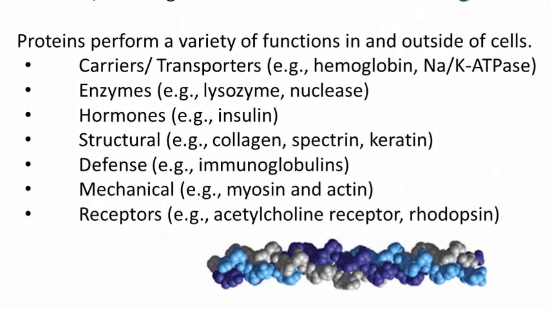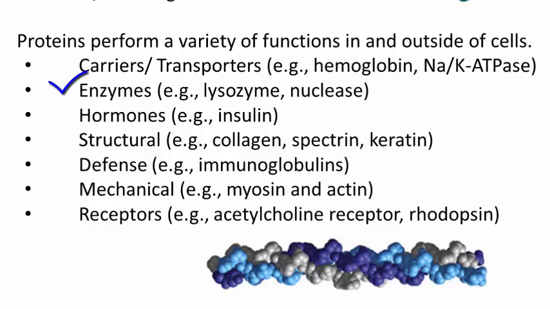Among these functions are to be a transporter or a carrier, that is, to carry molecules around through our body. Examples of this that you no doubt have heard of are hemoglobin in our blood, and also the sodium potassium ATPase, which moves molecules from one side to the other of a cell. So in general, one category are carriers or transporters.